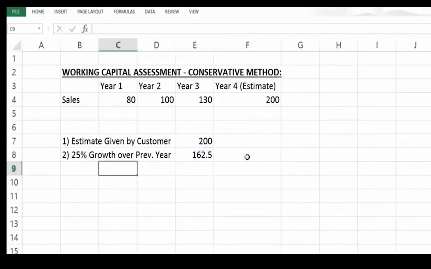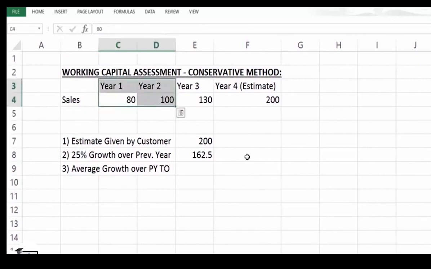The banks may have one more criterion where they will apply the average growth over the previous years' turnover. So what is going to be the average growth? Look here: between year 1 and 2, what is the growth rate? Between year 2 and 3, what is the growth rate? Then try to apply the average.